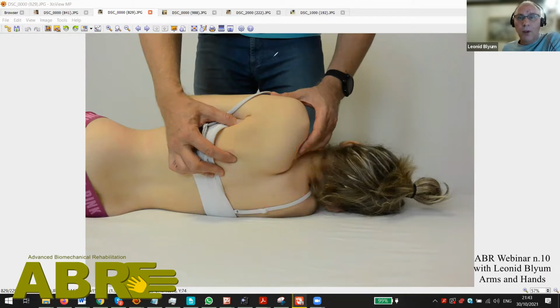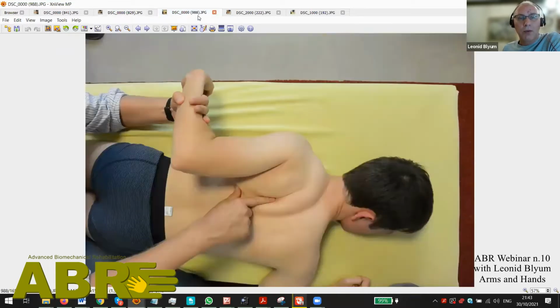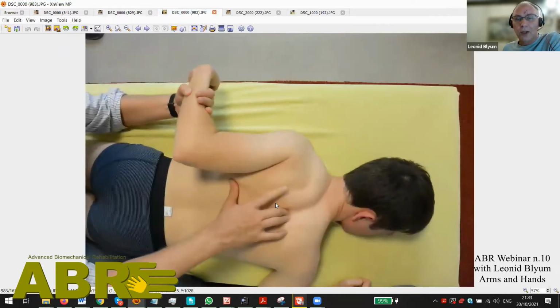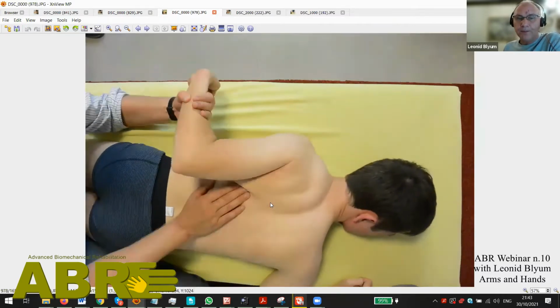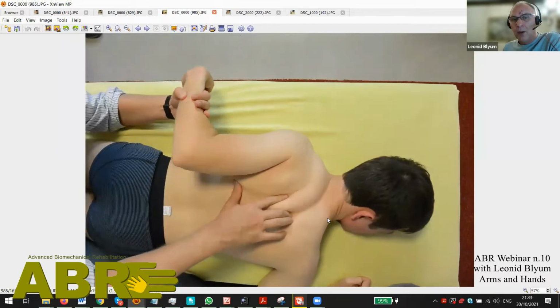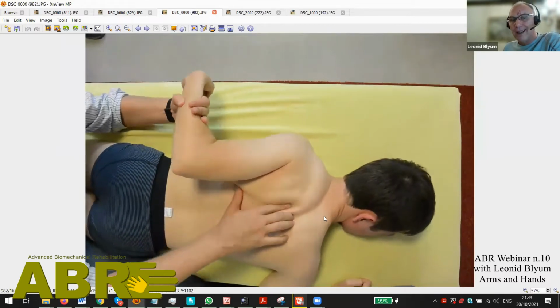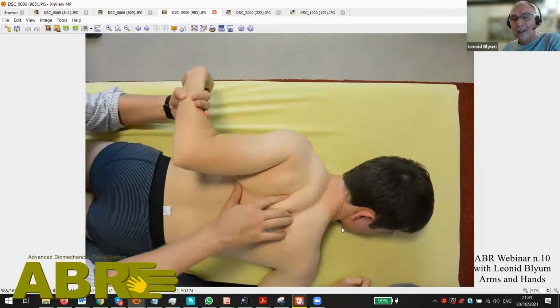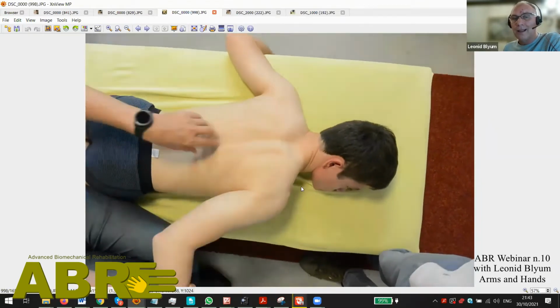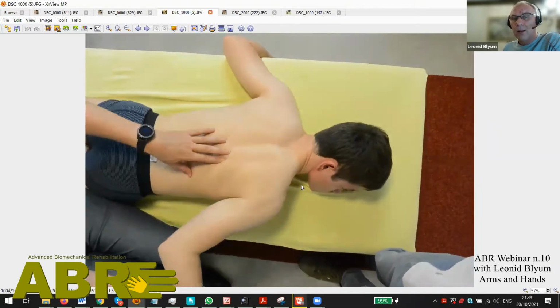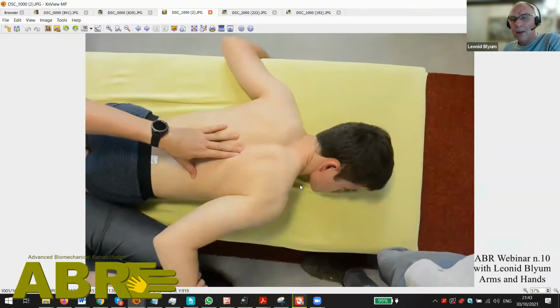And for you to increase the number of recognitions, look at this. This is the kid who is more powerful in general than the previous girl. But for him, you can see that the shoulder blades are very deeply sunk, and he is the one who still would be using the clavicle as his main stability factor.